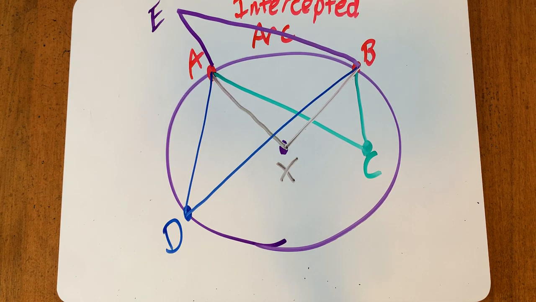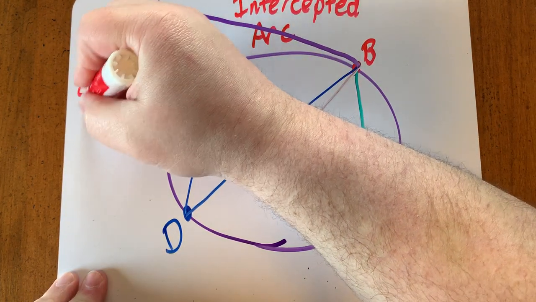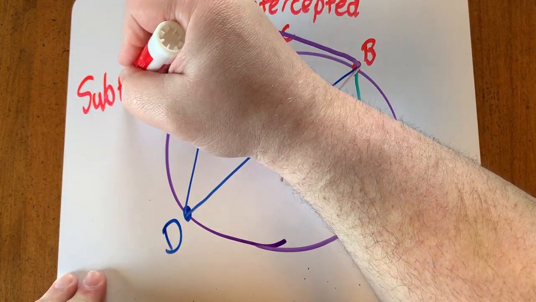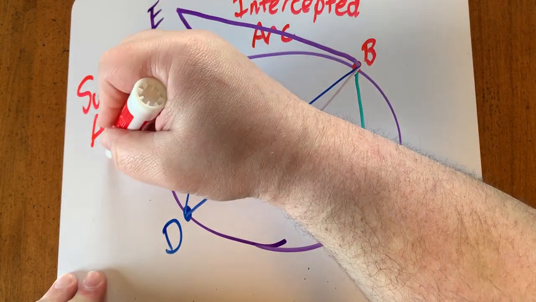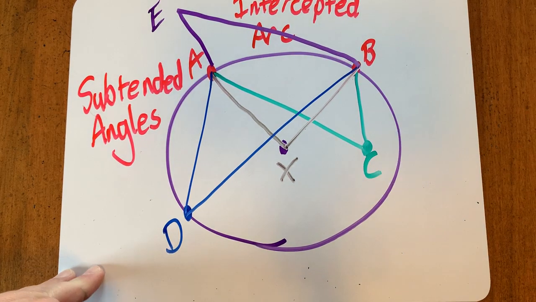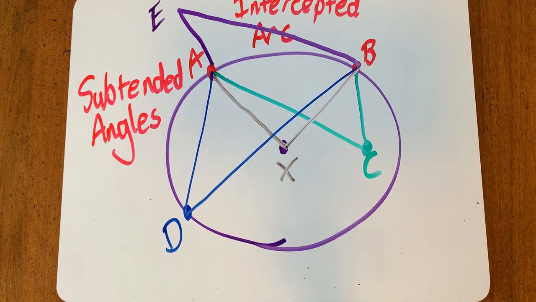Now, all of these angles, with respect to that arc, are called subtended angles. So angle D subtends arc AB. Angle X subtends arc AB. Angle C subtends arc AB. And angle E subtends arc AB.